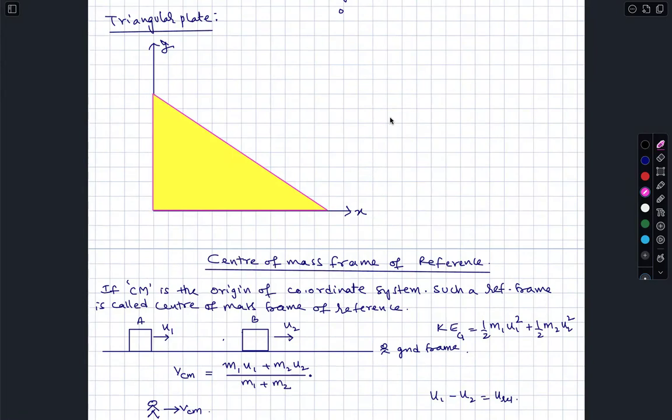That's the triangular plate. For this triangular plate, the dimensions are like this. The base is B and the height is A. For this triangular plate, what we will do is, you imagine some strip-like arrangement like this.